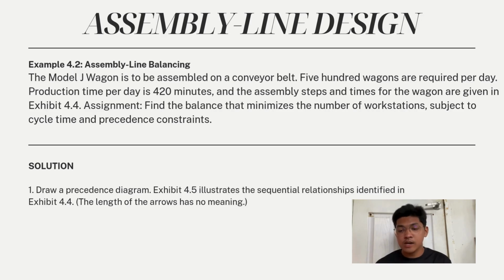Assignment: find the balance that minimizes the number of workstations subject to the cycle time and precedence constraints. The solution: the first step is to draw a precedence diagram, exhibit 4.5, illustrating the sequence relationships identified in exhibit 4.4. The length of the arrows has no meaning.